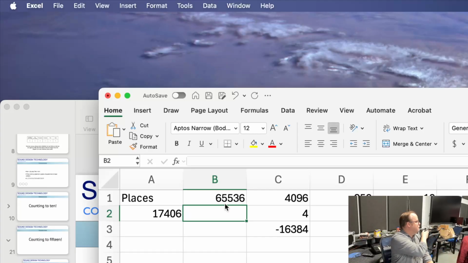You can keep making those hexadecimal slots forever, and you can encode any value you want. So if I put a 0 here, that just means I don't have any 65,536s. So I have still the same number. 043FE is still the same value as 43FE.